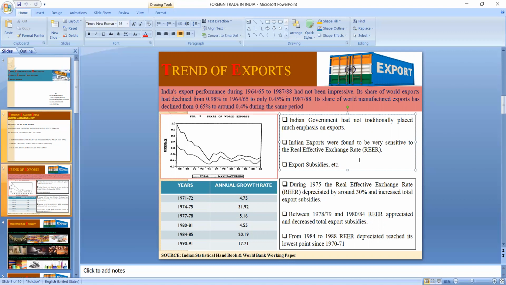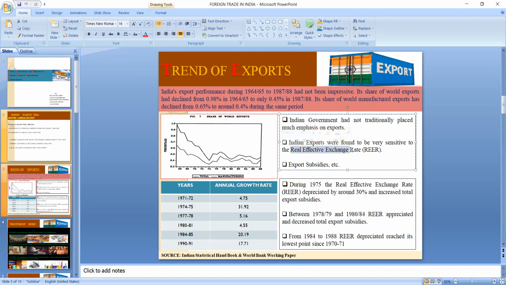The second point: Indian exports were found to be very sensitive to the real effective exchange rate. If the real effective exchange rate is depreciated, then exports will improve, and if it is appreciated, then exports will decline.